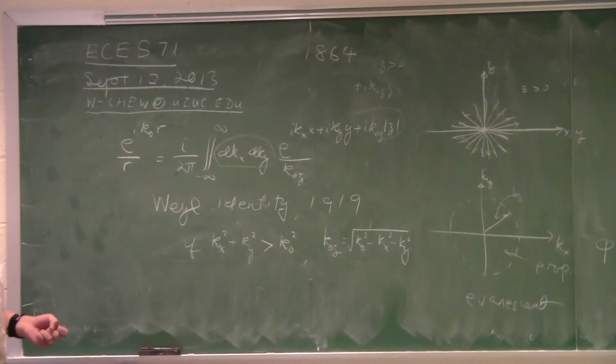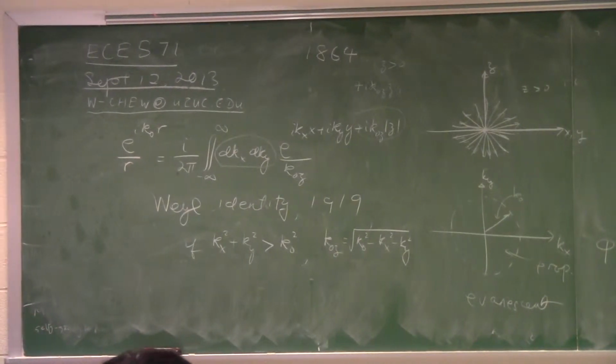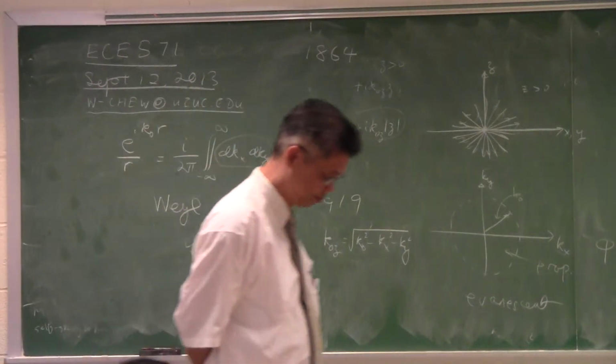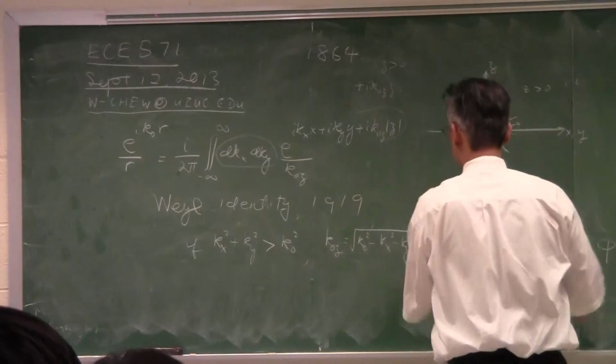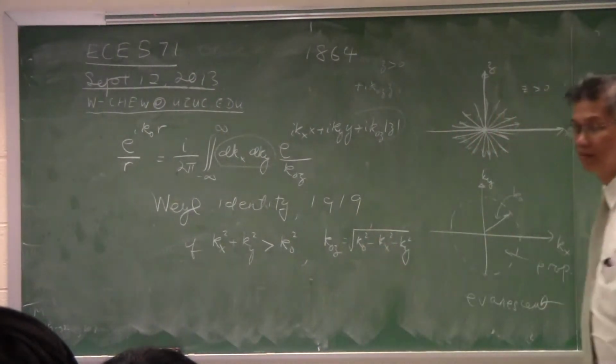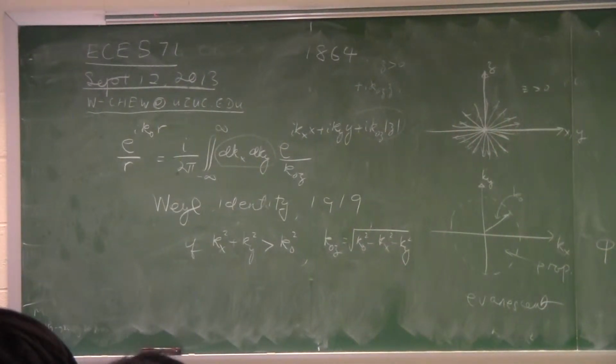Why are the evanescent waves important? They are outside the circle on the kx and ky plane. What does that signify to you? What is the significance of that? That the evanescent waves are outside the circle and all the way to infinity. With kx and ky going to infinity, they are all evanescent waves. What is the significance of that? They contain high frequency content. Right, all the high frequency content is contained in the evanescent waves.